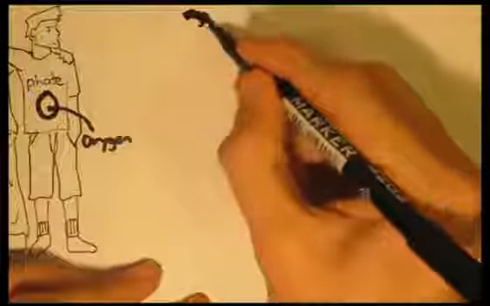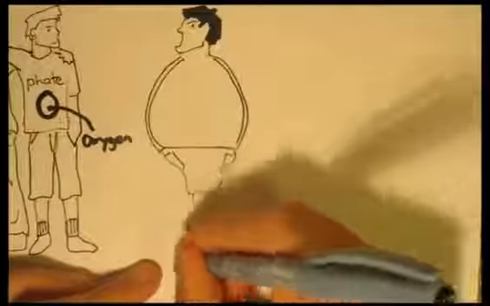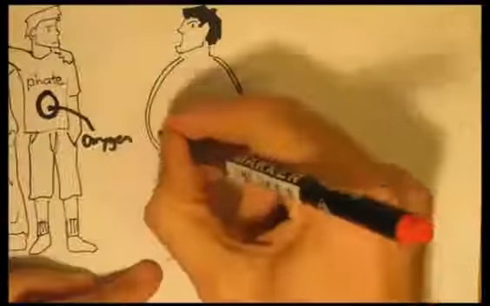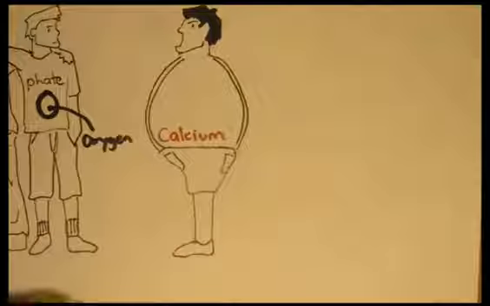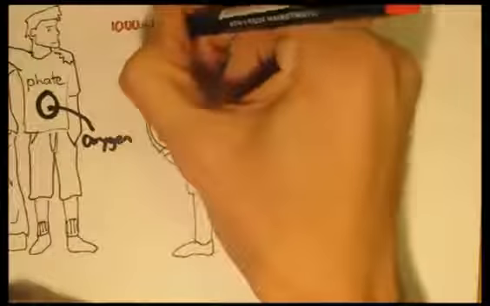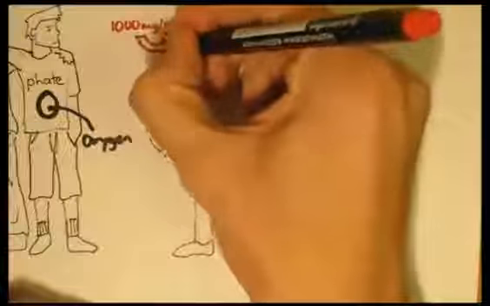So how much calcium and phosphorus do we consume daily, and where does it go? Well, humans, here I'll draw human, consume about 1,000 milligrams of calcium daily.